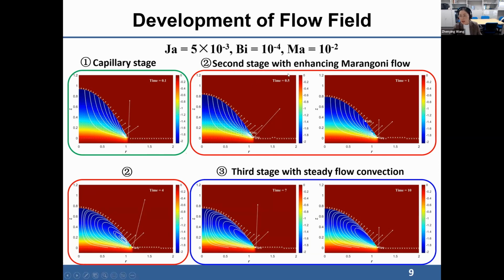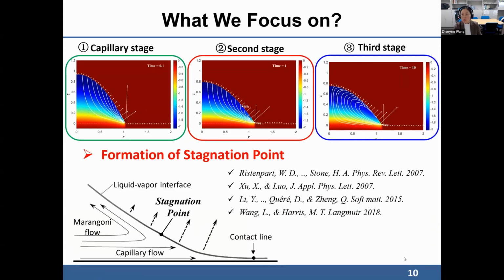Then the second stage with the thermal Marangoni flow, where the flow strength becomes bigger and bigger, and it finally forms a vortex inside the droplet until the droplet fully evaporates. What we focus on here, first, is the formation of the stagnation point near the contact line.